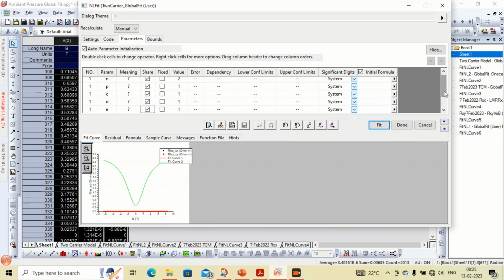So I will put them as shared variables, and the value of small e is fixed. It is 1.6e minus 19. Okay, and for s we will select fix, with a value of 1 for the first dataset, and the value of s for the second dataset will be 0.